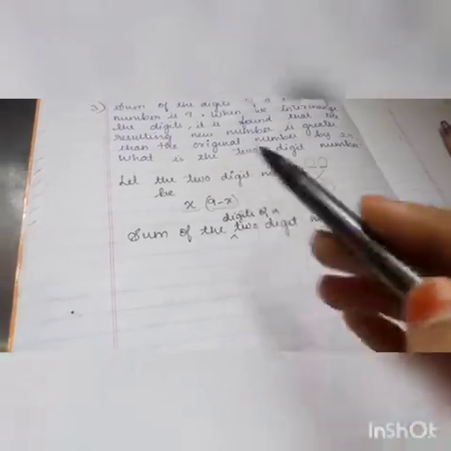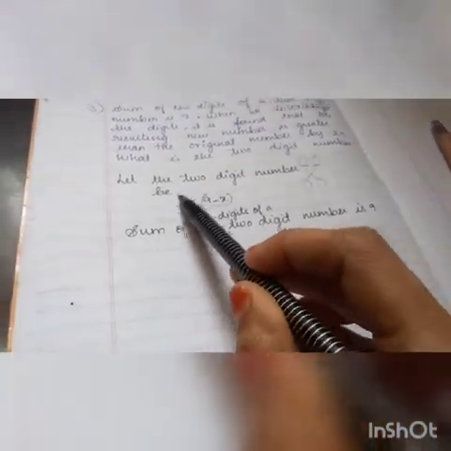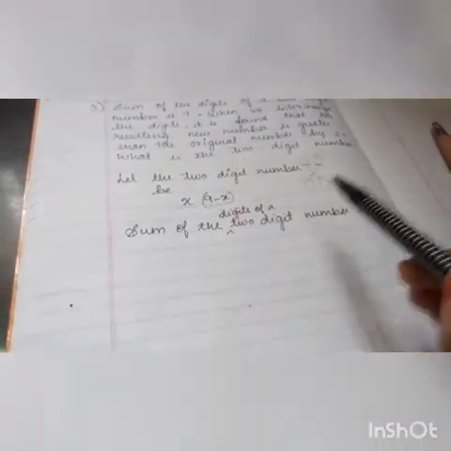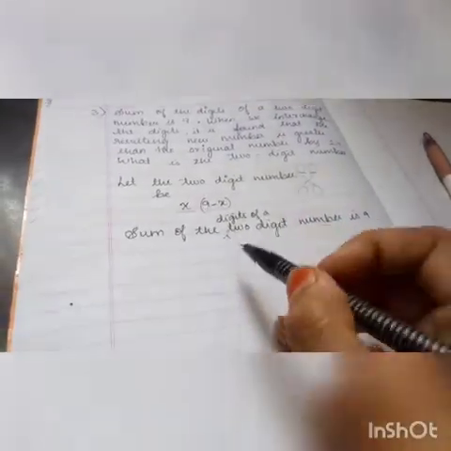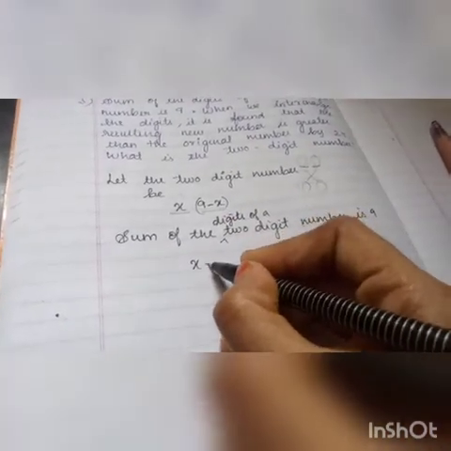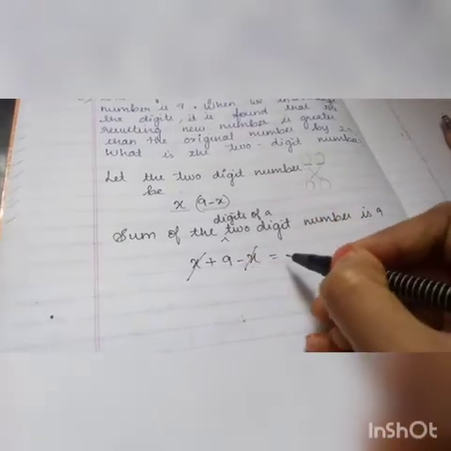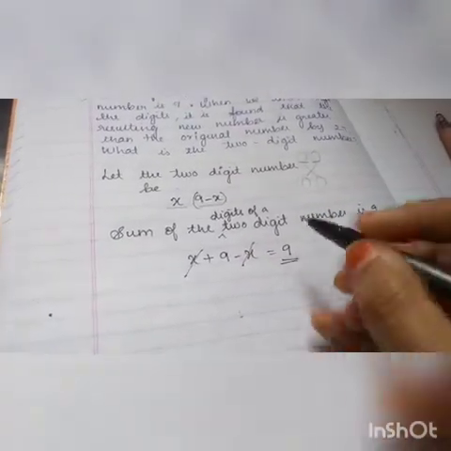Why am I taking it like this? You may have a doubt, so I will teach you. Because I am taking 9 minus x, if I add this digit and this digit, I should get 9. So that's why I am doing it like this. Shall I add them? x plus 9 minus x: plus x and minus x get cancelled, so I am getting 9. So this is what your digit sum should come to.